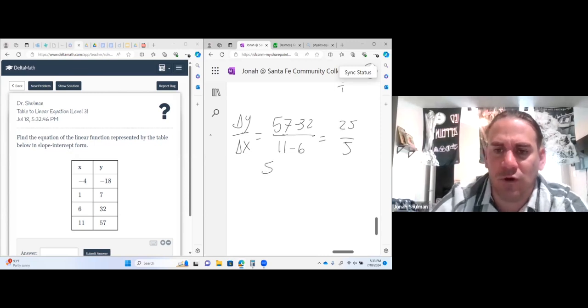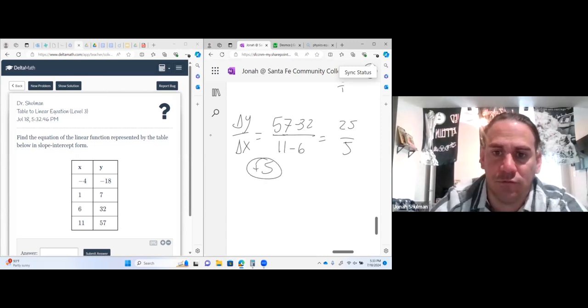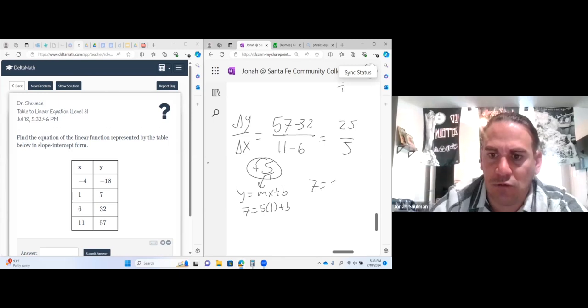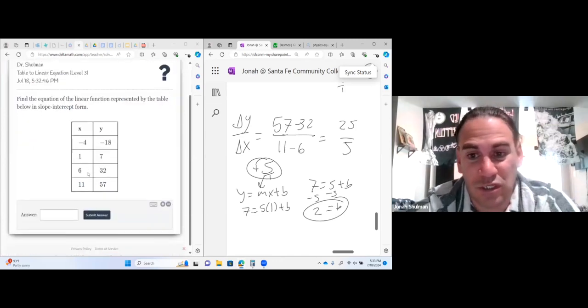So our slope is going to be 5 positive, or 5/1. Y equals mx plus b. There's where the 5 goes. Let's pick the first point. So that's 7 equals 5 times 1 plus b. 7 equals 5 plus b, minus 5, minus 5. B is 2. And there's your equation.